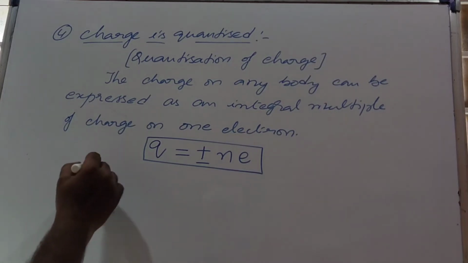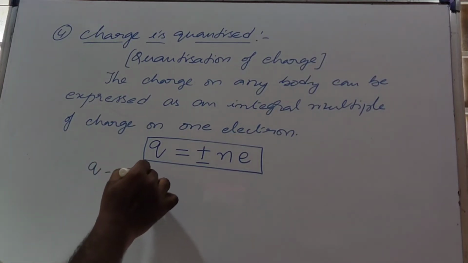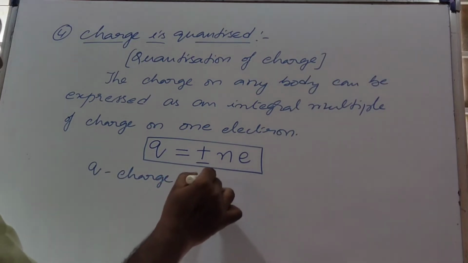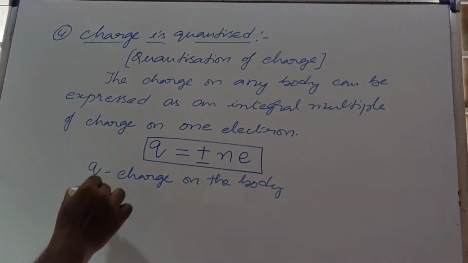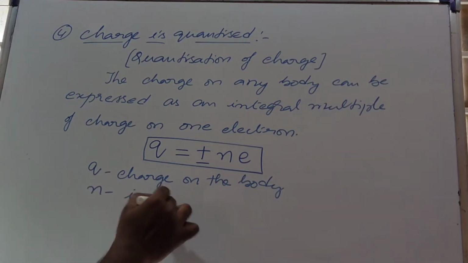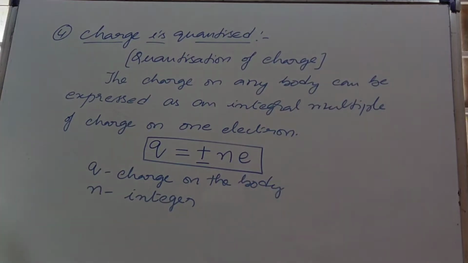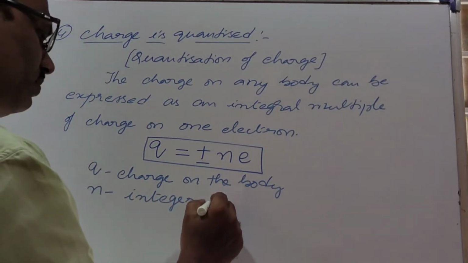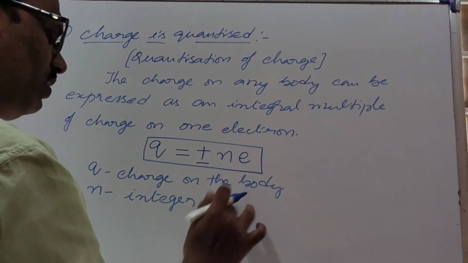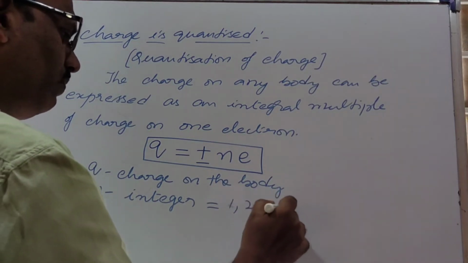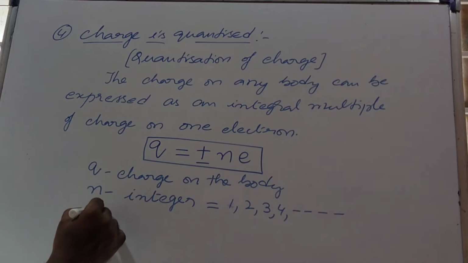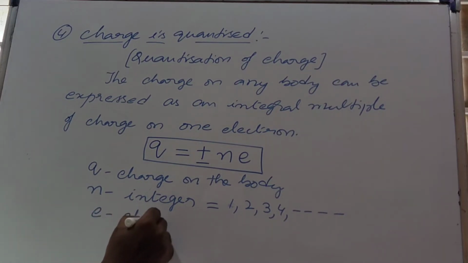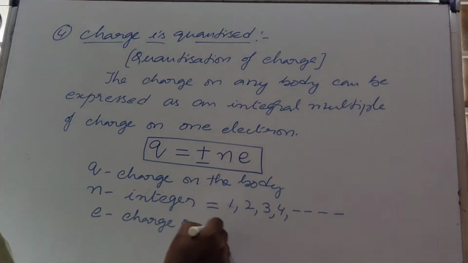Here Q is the charge on the body, and N is integer, whose values are 1, 2, 3, 4, so on. And E is the charge on electron.